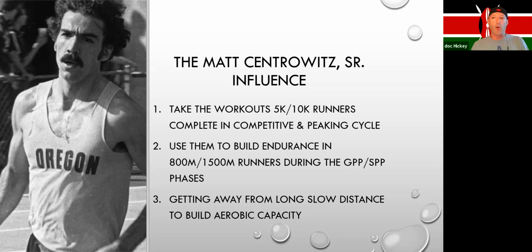Now, quick backstory on Coach Centrowitz. If you are a track aficionado or an athletic aficionado in general, you've heard the name Steve Prefontaine. And Steve Prefontaine is the James Dean of American distance running.